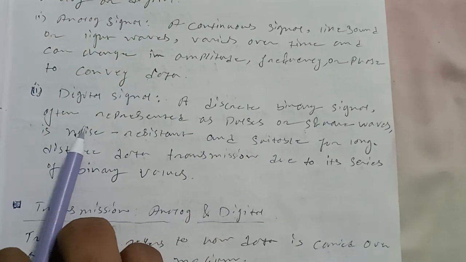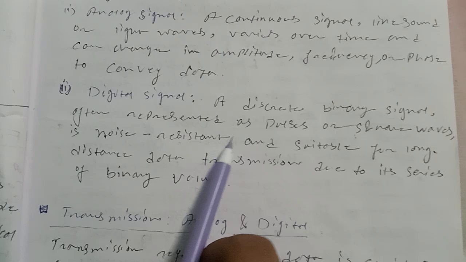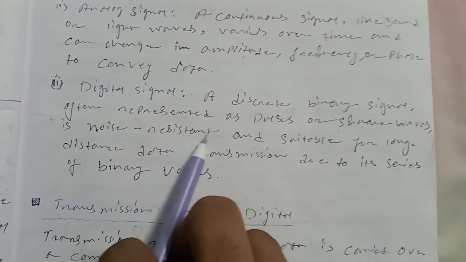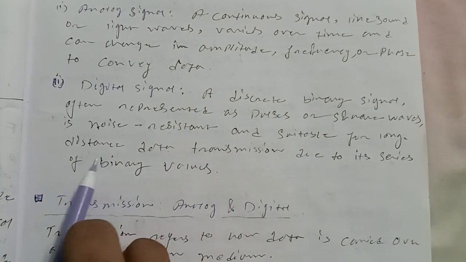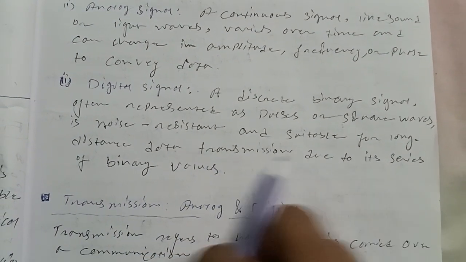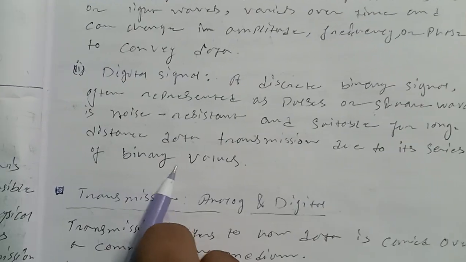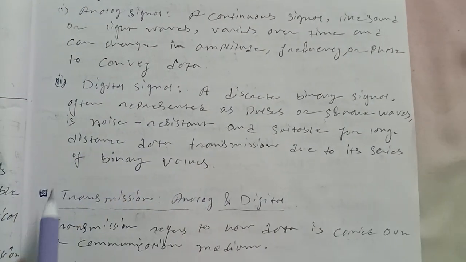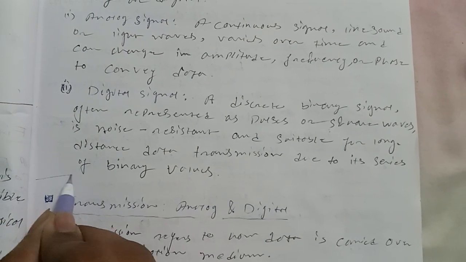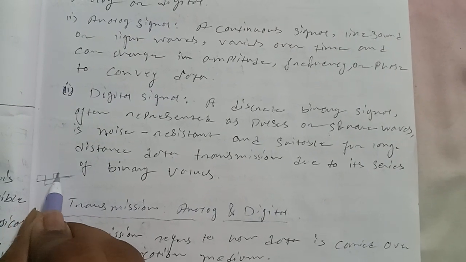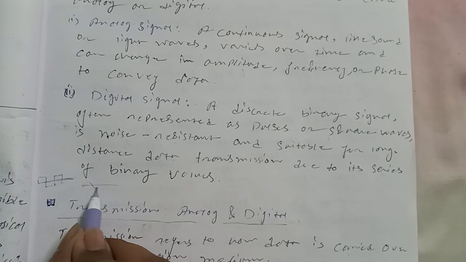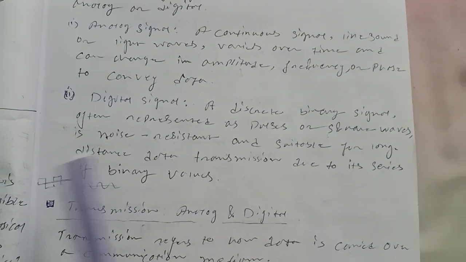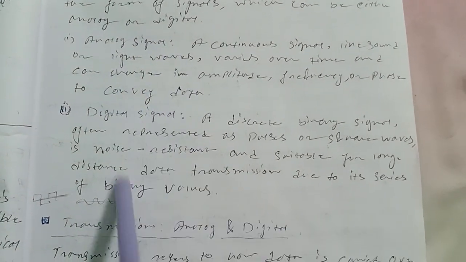The discrete binary signals, often represented as pulse or square waves, are noise resistant and suitable for long distance data transmission due to their series of binary values. So this is a digital signal. If this is the base, this will be the digital signal, and if this is the base, this is the analog signal. I hope you understand the difference between analog signal and digital signal.